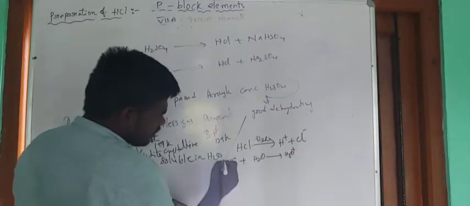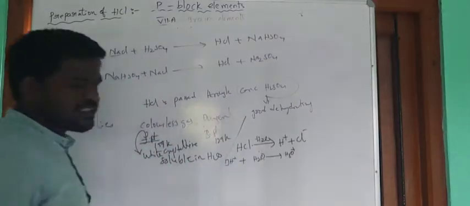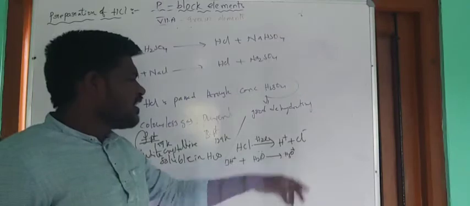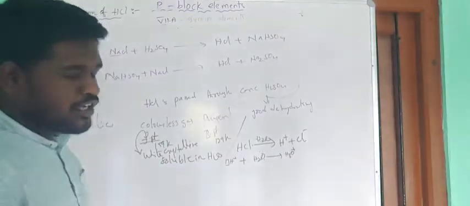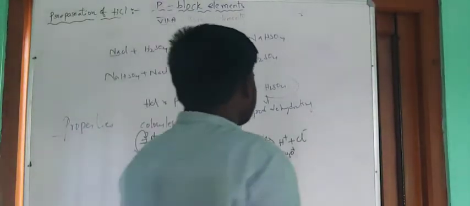You know that H plus contains one vacant orbital, and on the oxygen two lone pairs are present. Between these two, coordinate covalent bond formation takes place and gives us H3O plus. So in aqueous solution, HCl acts as a strong acid.